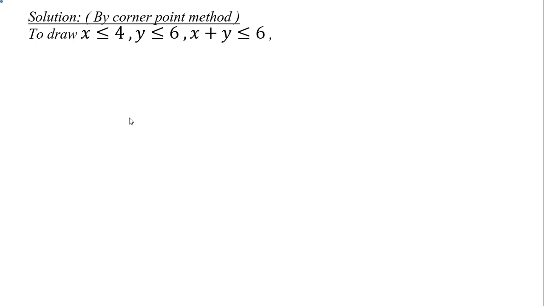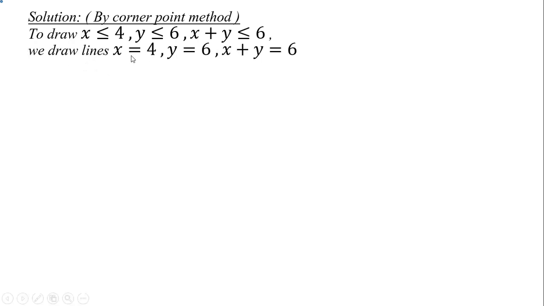X-intercept is the x-coordinate of the point at which the line cuts x-axis, and y-intercept means y-coordinate of the point at which the line cuts y-axis. We will use this and we will show this data in a tabular form, and then we will draw the lines.